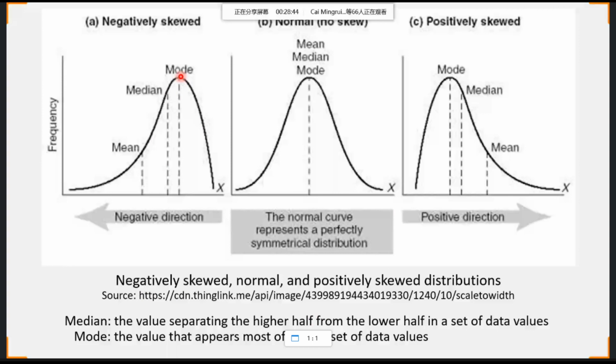So the median divides 50-50. The mean is the middle value, the average value. And the mode is the single value most often within the data, the value that appears most often in a set of data values. Here you have the definition, and the median is the value separating the higher half from the lower half in a set of data values.